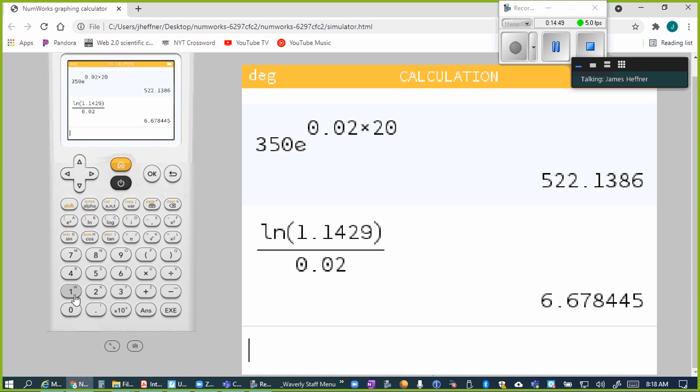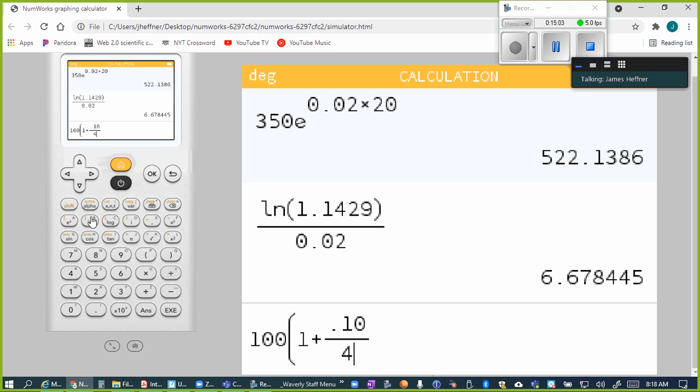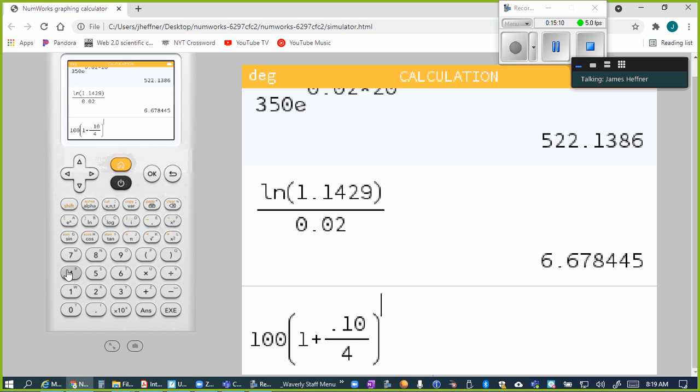I'm going to do 100 times 1 plus 0.10 divided by 4, arrow over to get to the 4th power, so x to the y 4th. Now, the last time when it was compounded once, we ended up with $110.